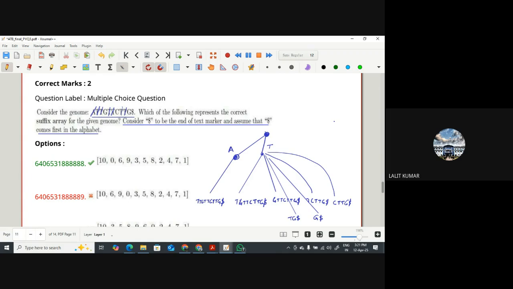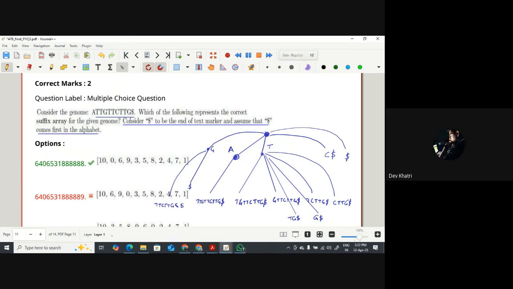Now we come to G. So G will give me first T T C T T G dollar, and another G will give me G dollar, and then there is C T T G dollar, and the last one is dollar. Is that okay?